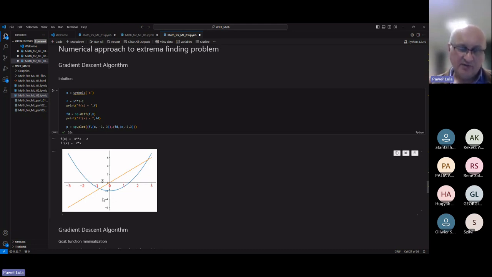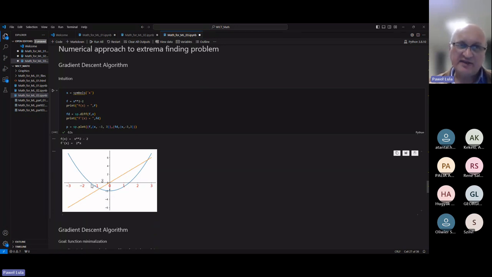So when you remember the shape of a tangent function, it means that this function at this point is decreasing because the tangent is negative. So it is a decreasing value. If it is decreasing in this part, I know that the minimum value is located on the right. So I should go to the right.